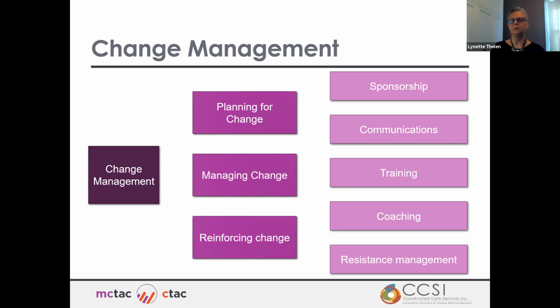So there is an effort that needs to be undertaken to say, okay, where am I getting resistance? Why? And how can I help adjust and shift that? And I think coaching is really a part of that too, in terms of working sometimes one-on-one with individuals to help them come on board to the change. So just a reminder of all the important components of change management.